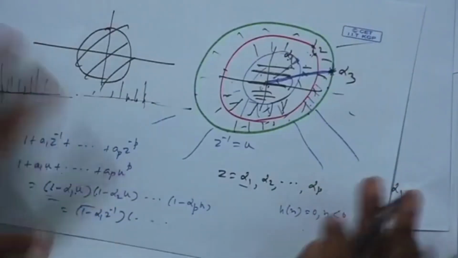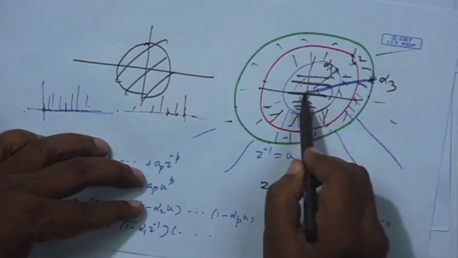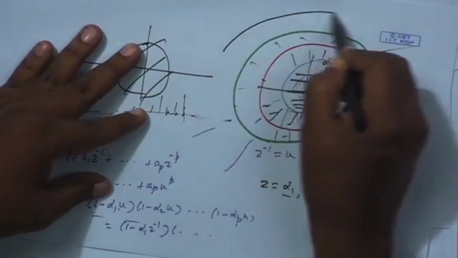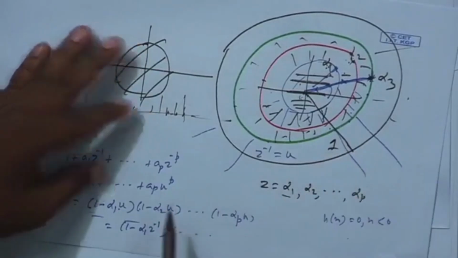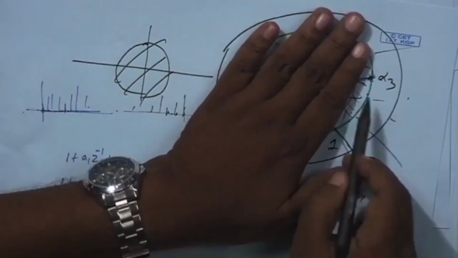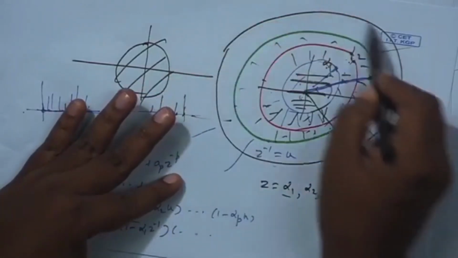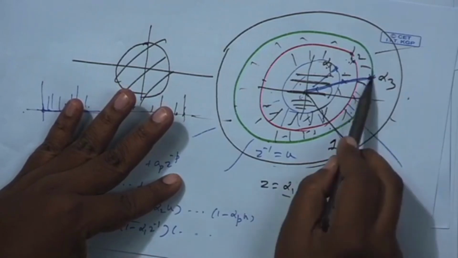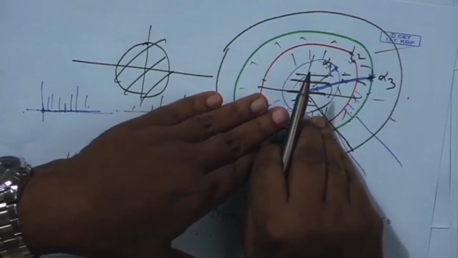Stability: for stability, I have told that the ROC should include the unit circle, that is the circle of radius 1. So, this ROC outside this circle should contain the unit circle. This ROC which starts from the biggest circle and goes outside up to infinity should include this unit circle, which means every pole should be within the unit circle.